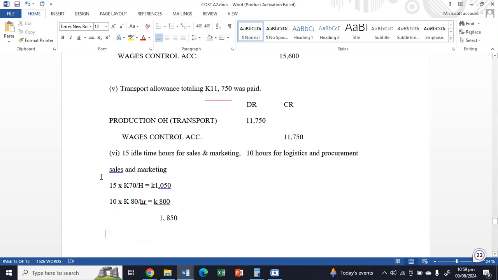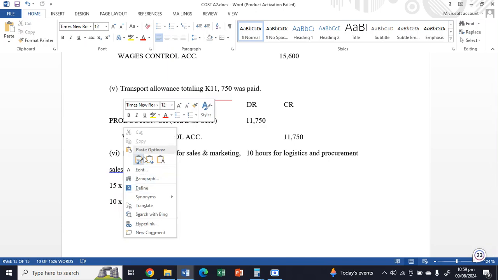So debit production overheads, idle time.